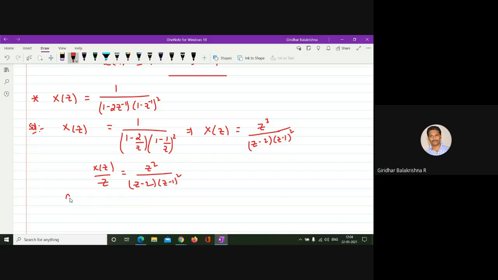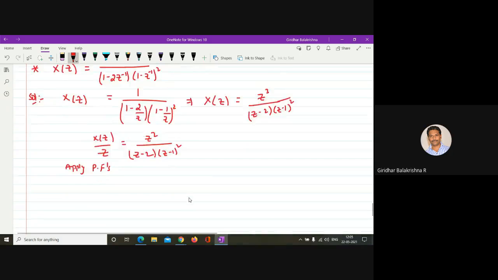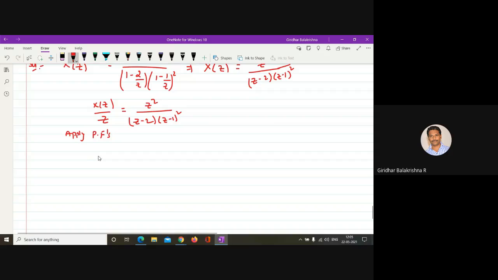Now what we need to apply? Partial fractions. Apply partial fractions. So we will get X of z by z equal to z square by (z minus 2) into (z minus 1) whole square.